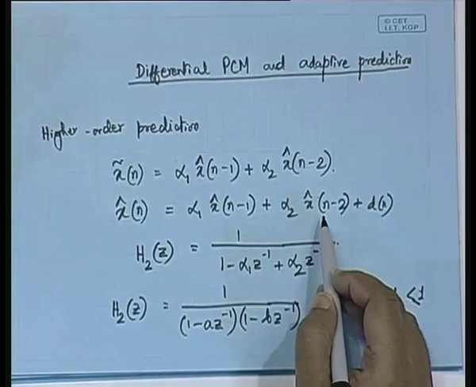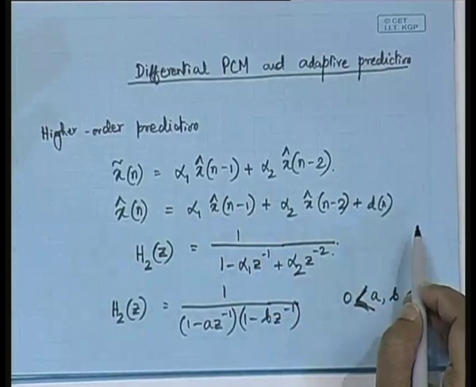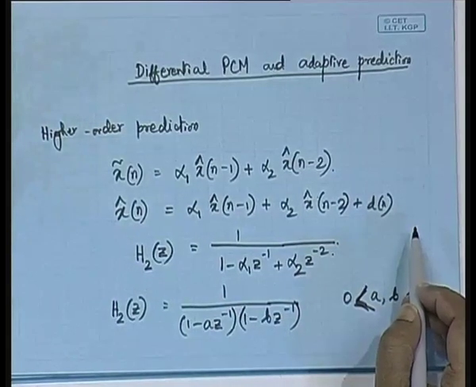A third order prediction would have meant that we would have x cap of n minus 3 even, okay.